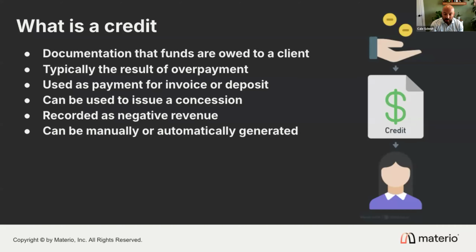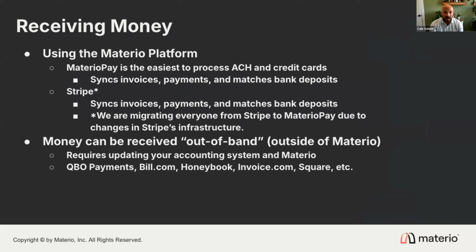And so next we'll talk about best ways to receive money. There's a couple ways to receive money in Materio. The first is using Materio Pay. That is the cleanest, most integrated way to process payments within Materio. So what that means is you can accept bank transfers or credit cards directly in Materio and not have to use any outside platforms.